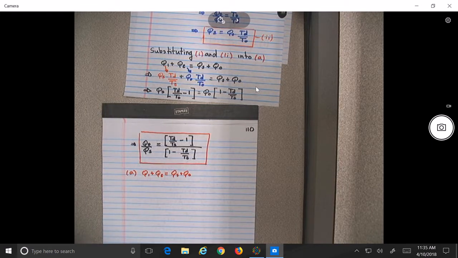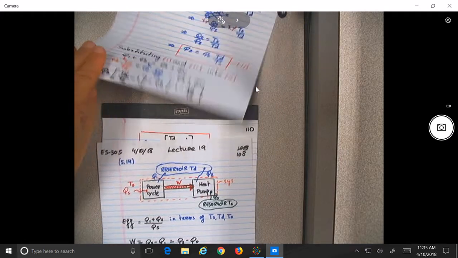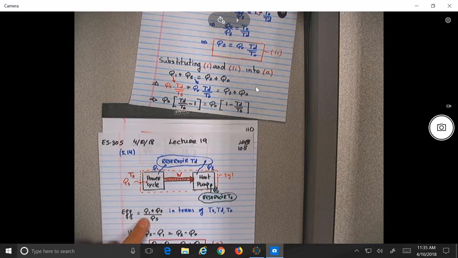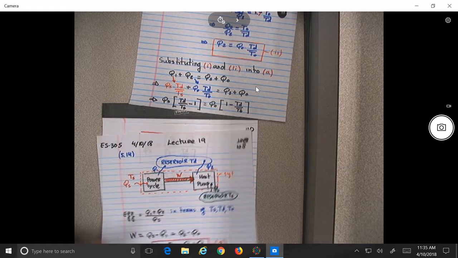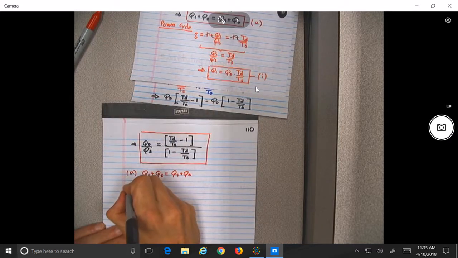Yeah? So when I was trying to solve this problem, I was all the time looking at this expression because what are we trying to solve? The efficiency is Q1 plus Q2 divided by QS, no? Alright? So if I use that expression, we can say what?